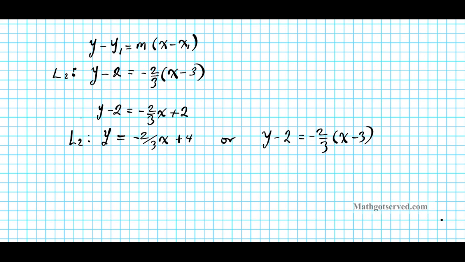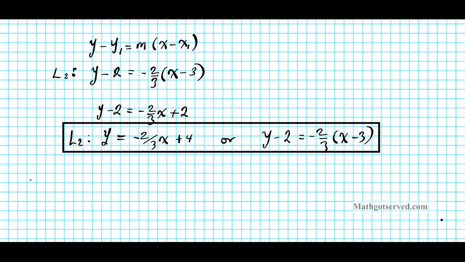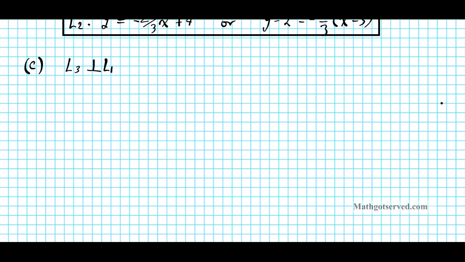All right, let's go ahead and do the third part, C. We're going to deal with the line perpendicular to L1. So in part C, L3, the third line, is perpendicular to L1. So what is the relationship between the slopes of perpendicular lines?